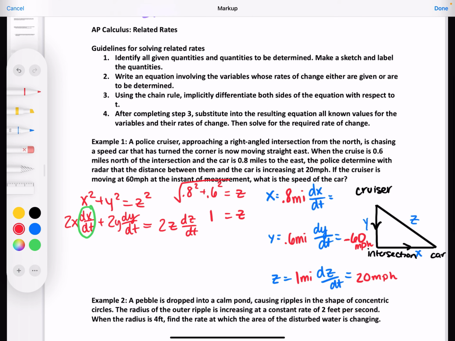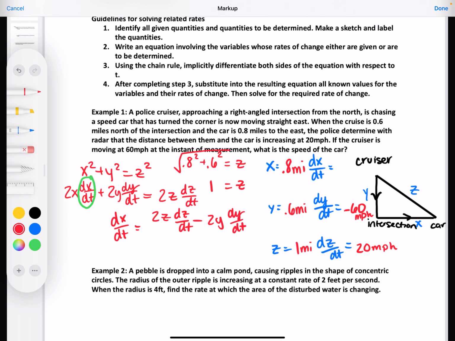So dx dt is equal to 2z dz dt minus 2y dy dt over 2x.